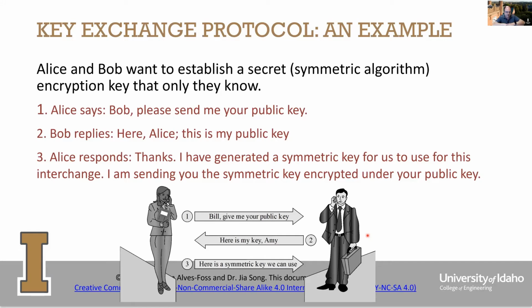So Alice creates this random secret key, sends it to Bob. Bob decrypts it. They now share a secret, and they can use that secret to send messages using symmetric key, using DES or AES, which is much faster. We call this a session key. So for that communication session, they've created a shared secret somehow, and they communicated with each other.